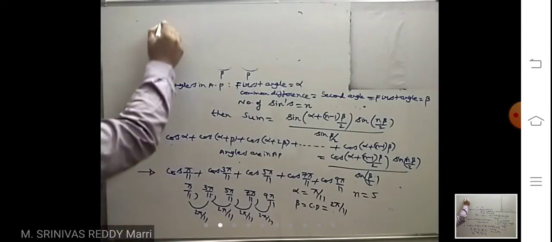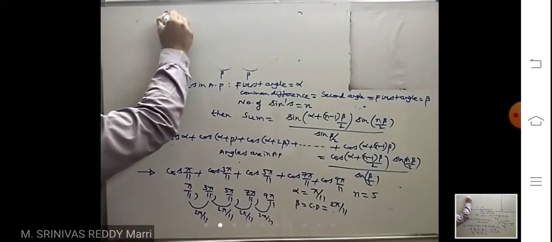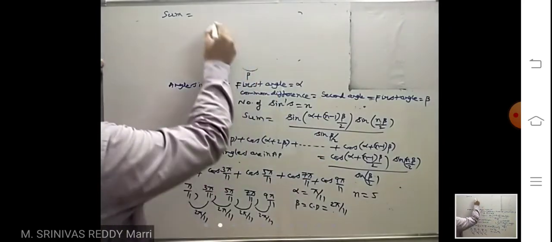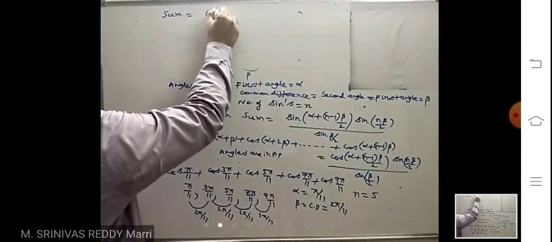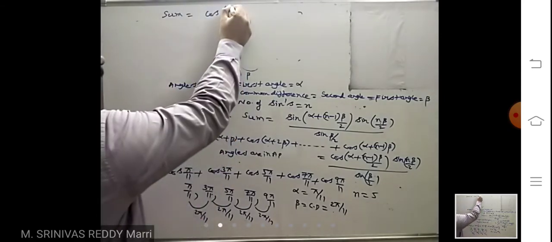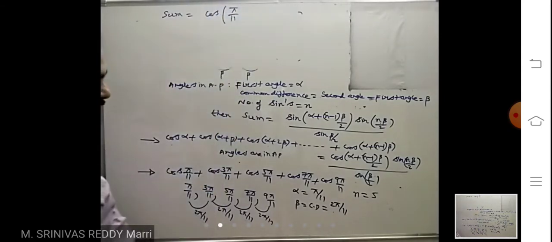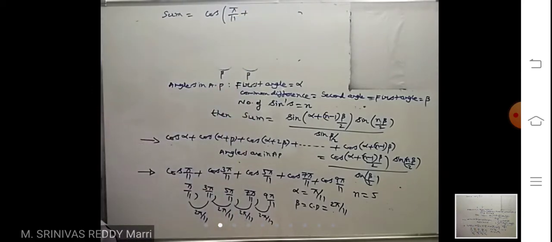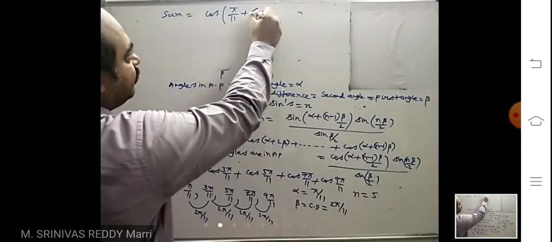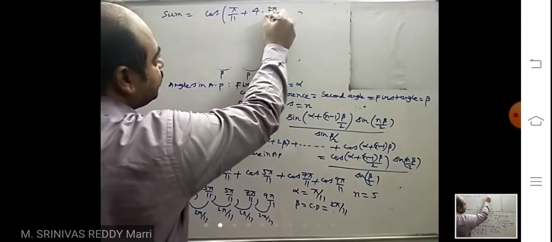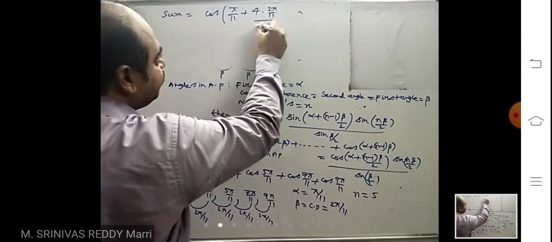So therefore the required sum equals, just substitute in this rule, cos of alpha, which means pi by 11, plus (n minus 1) into beta by 2, where beta is 2 pi by 11 divided by 2.